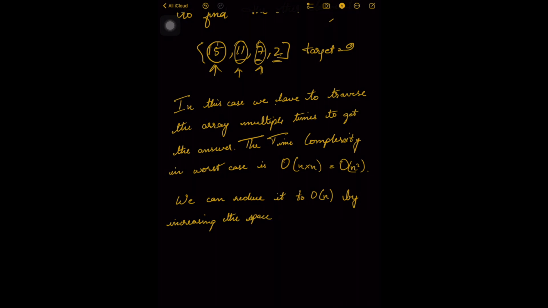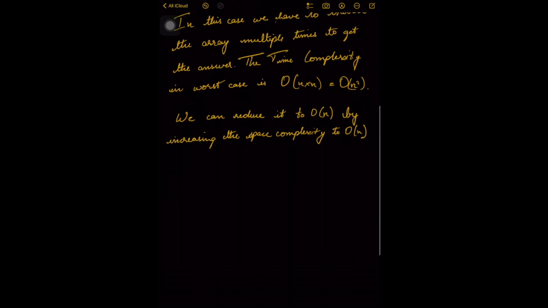What we're going to do is keep the data in a map, and in the map we'll keep track of the value as well as the index at which it occurs. So next time we can just search for the element that we need to get the target sum. So we'll explain how to do this.